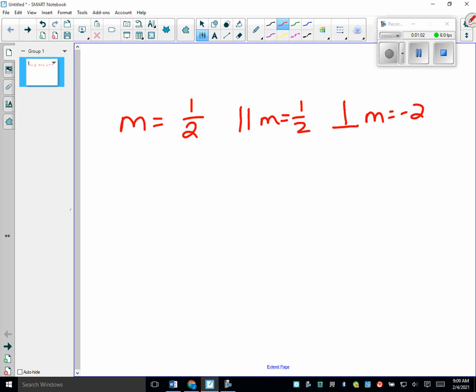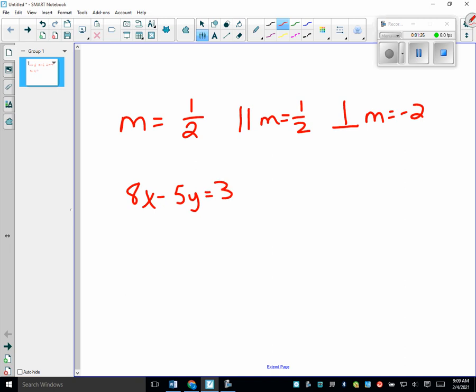You remember that, right? What if I give you two lines and I ask you if they are parallel, perpendicular, or neither? Can you do that? Yes. Okay. 8x minus 5y equals 3.